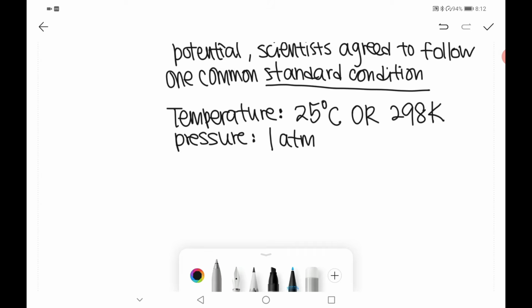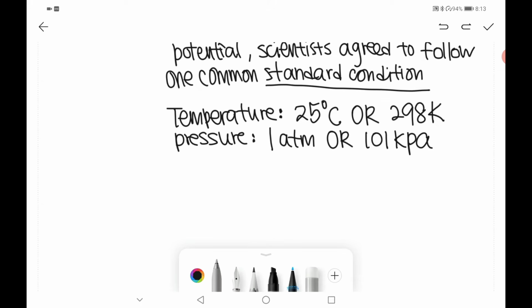If you don't want to use atm, you can also use 101 kilopascal, but normally we use atm. In SPM, normally for temperature we use 25 degrees Celsius; we seldom use Kelvin in chemistry. For pressure, we normally use atm and seldom use kilopascal, but even if you write it, it's acceptable.